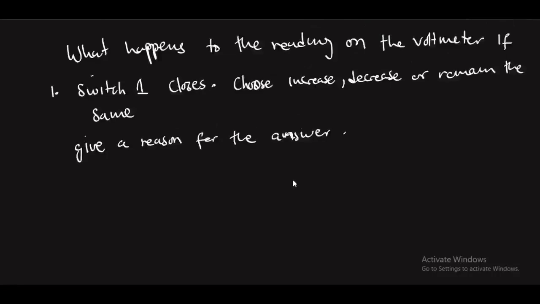The question says: what happens to the reading on the voltmeter if switch 1 closes? Choose increase, decrease, or remain the same. We've already simulated this one, so we know the reading on the voltmeter will decrease.